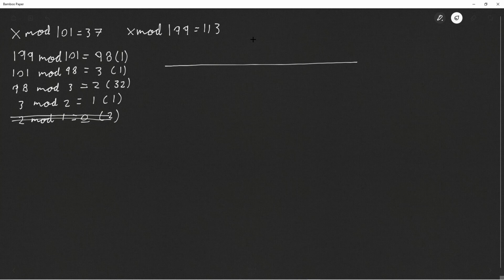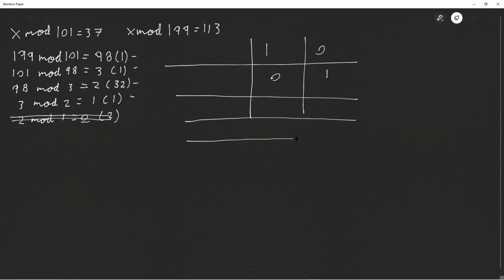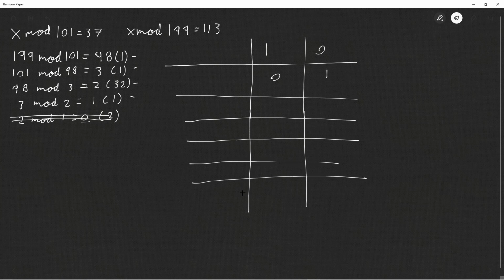So now setting up our chart, we get 1, 0, 0, 1, and we'll see that we need 4 extra spaces. So we'll get 1, 2, 3, and 4. And we'll put our numbers 1, 1, 32, and 1.